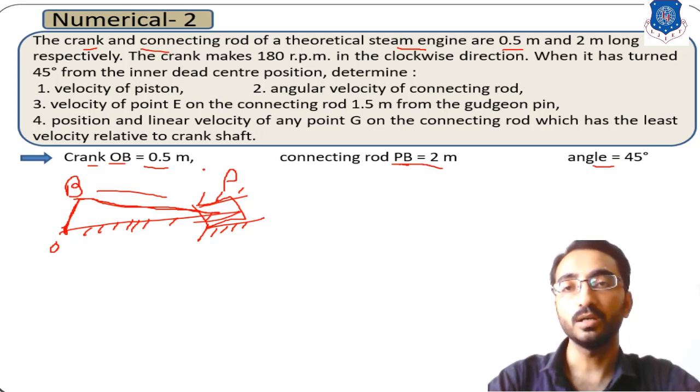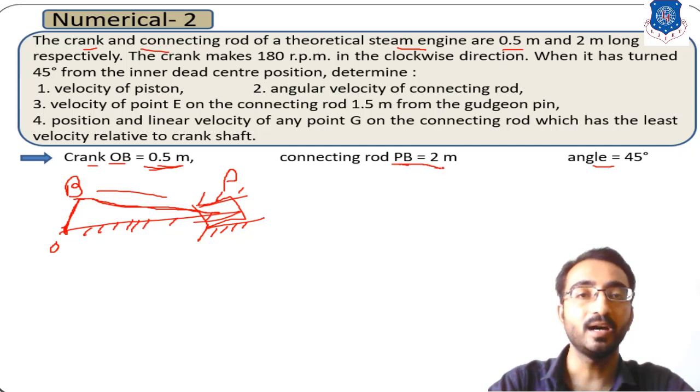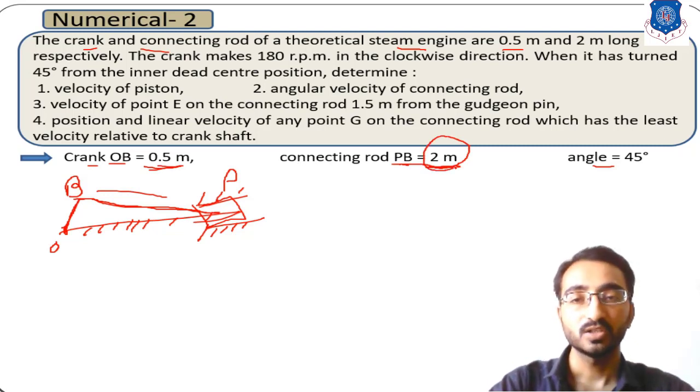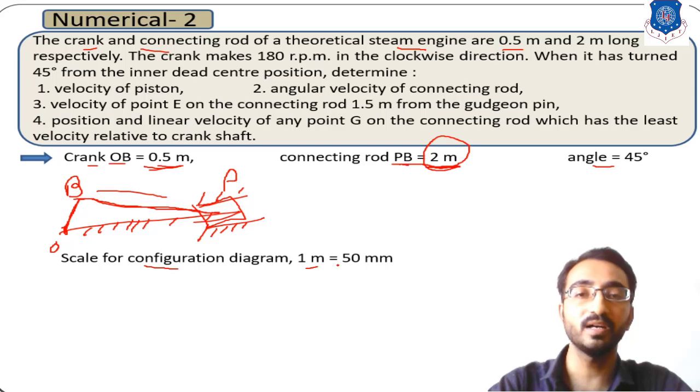Now to sketch this arrangement, first consider that the lengths given are 0.5 meter and 2 meter. On a simple A4 size paper or A2 size sheet, we cannot sketch this 2 meter dimension, so we have to consider some scale. Let's consider that for this configuration diagram, the scale is 1 meter equal to 50 mm.